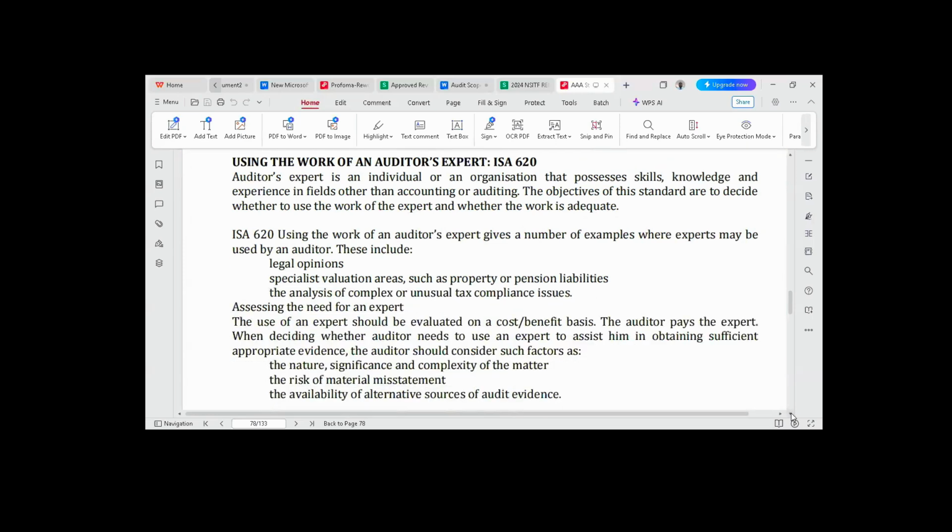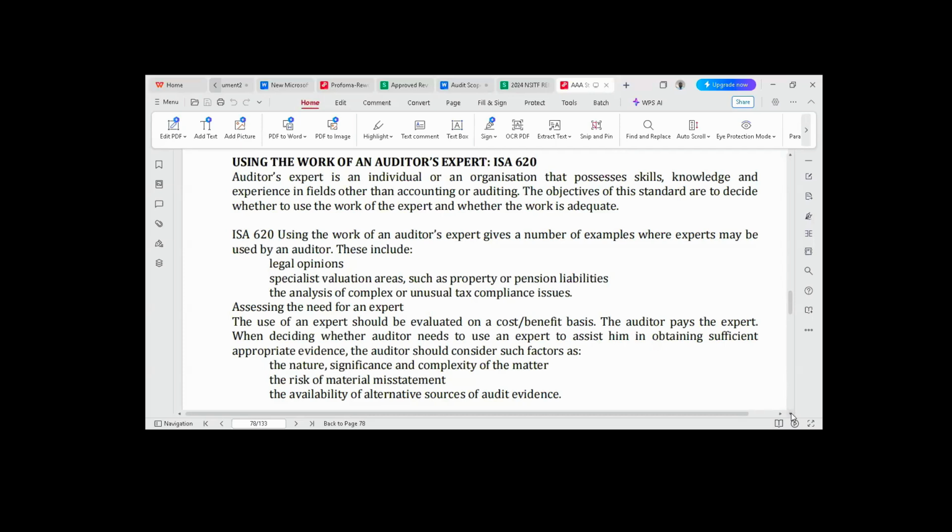All right. But one thing you need to realize is that the determination of whether you're going to use an expert in the course of an engagement is determined right from the planning stage. Remember, I talked about that at the planning stage. The time whether you're going to need an expert is during the what? The planning stage.